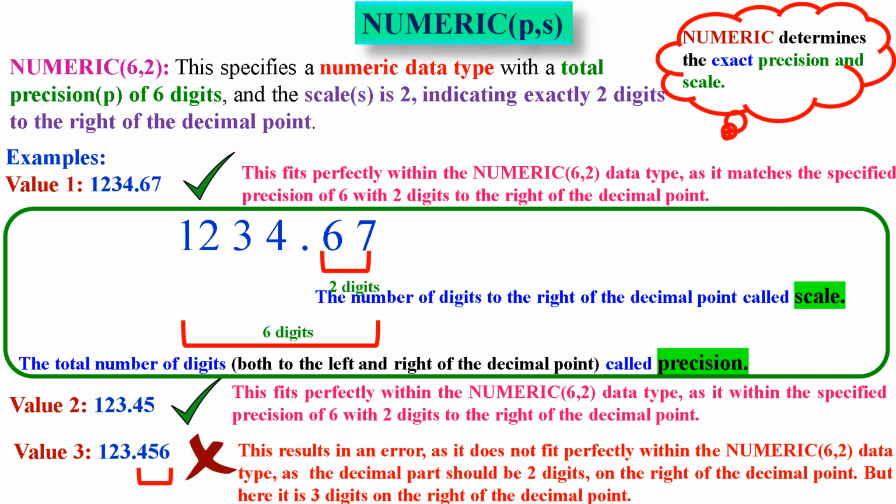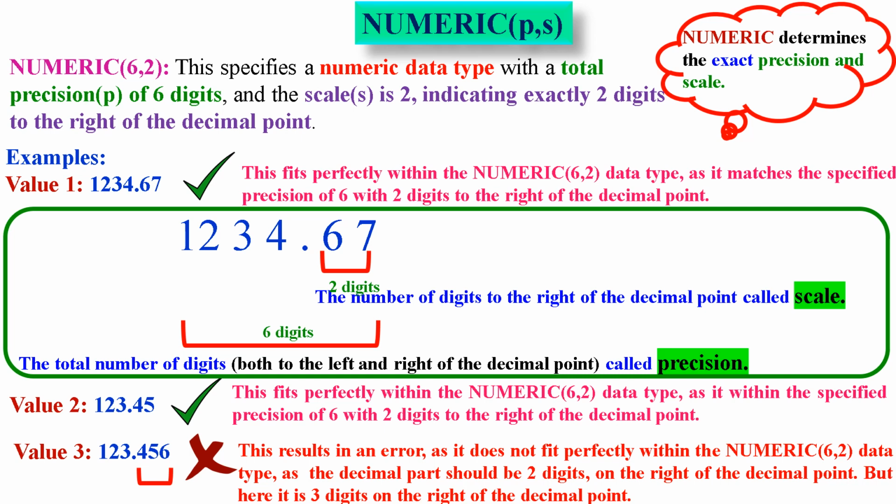Here the total number of digits, both to the left and right of the decimal point, is 6, that is, precision is 6. The number of digits to the right of the decimal point, called scale, is 2. This fits perfectly within the NUMERIC(6,2) data type, as it matches the specified precision of 6 with 2 digits to the right of the decimal point.